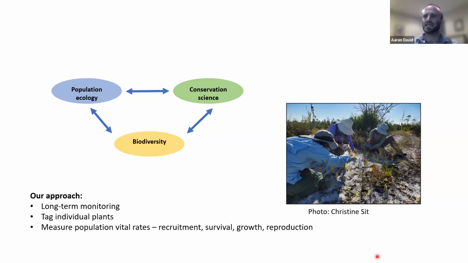So this includes things like recruitment, either by seedlings or by clonal recruits, survival of those plants, annual year-to-year growth, and then a measure of reproductive output. And these vital rates can be looked at on their own. They can be incorporated into larger population models, all sorts of stuff we can do with this.